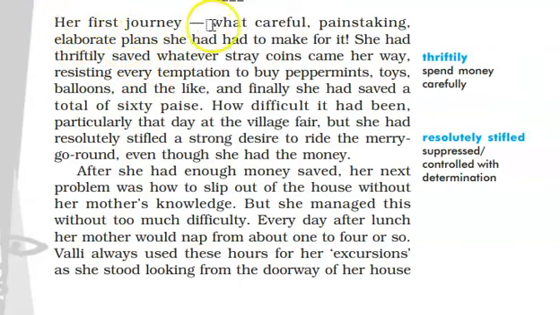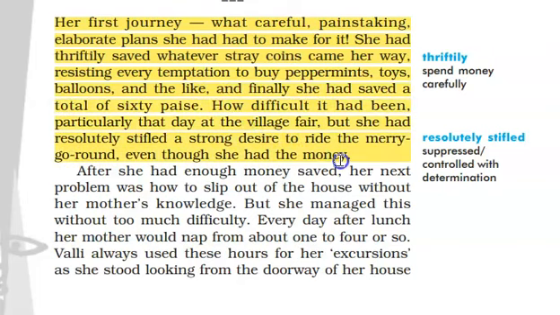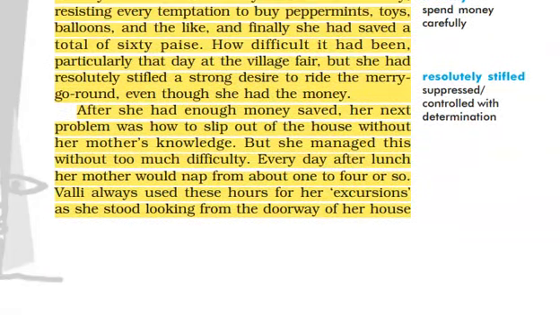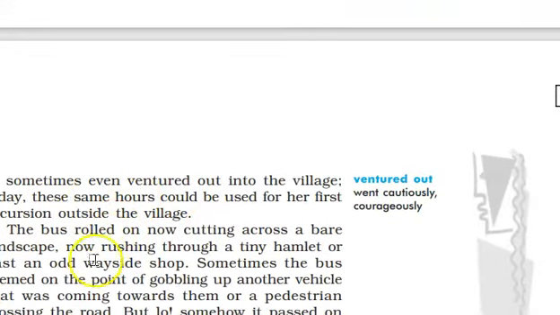Her first journey, what careful, painstaking, elaborate plans she had to make for it. She had thriftily saved whatever. So these are the points from where you should include the relevant phrases in your answer till here.